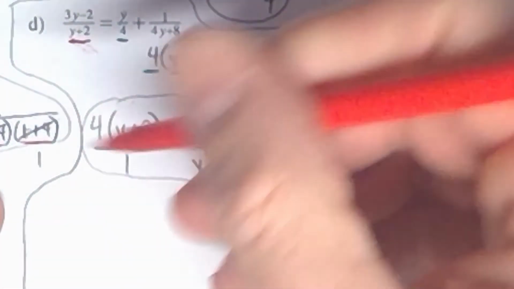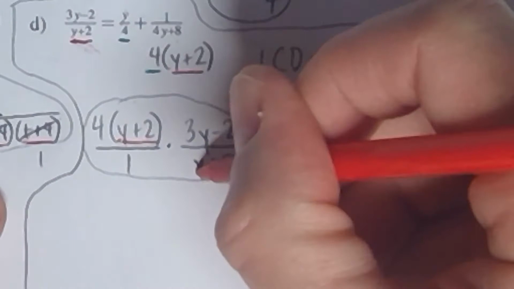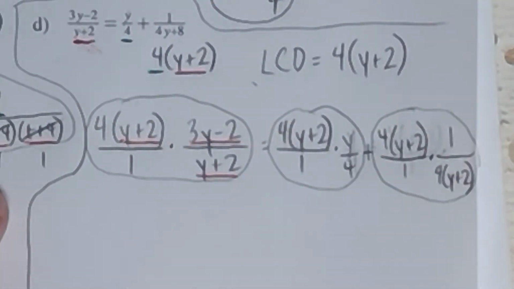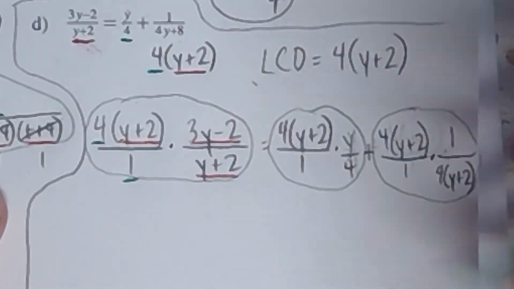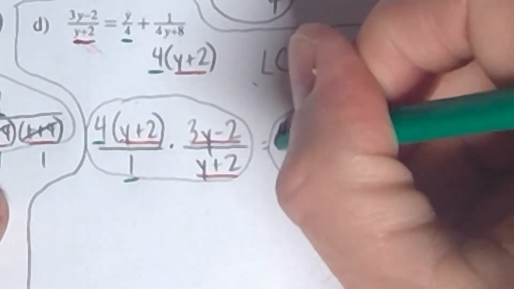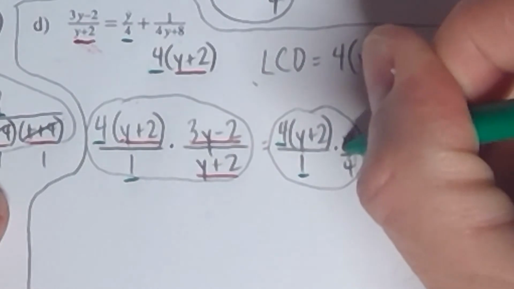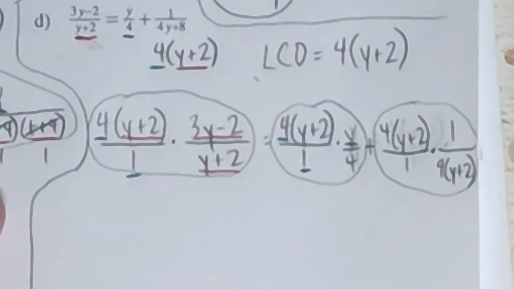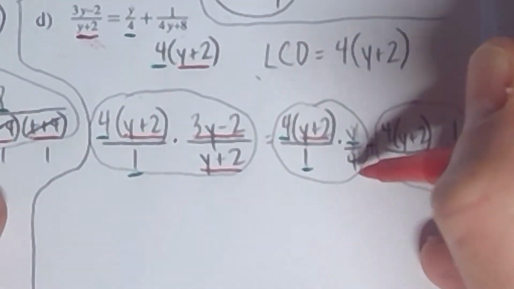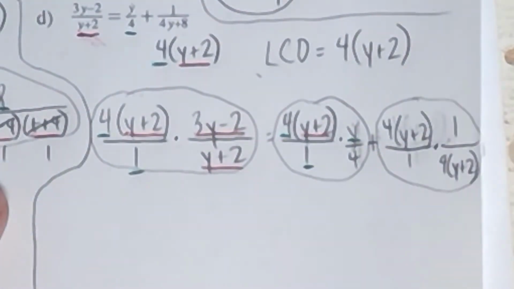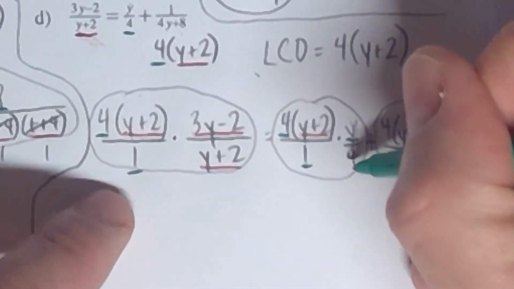Let's identify our factors in each one. Okay, just the same way we did back in the fraction chapter. When you have a single term being multiplied by a bracket and that's all you have in that numerator denominator, then that's going to be 2 factors.